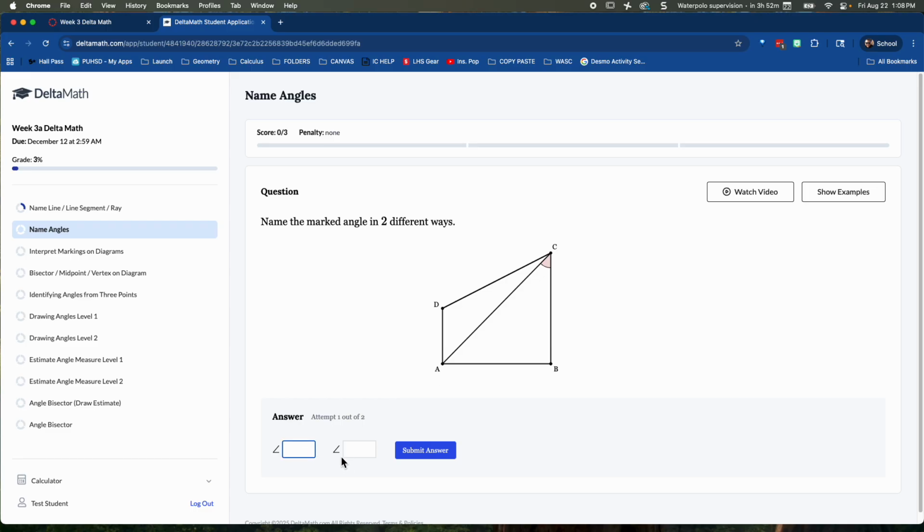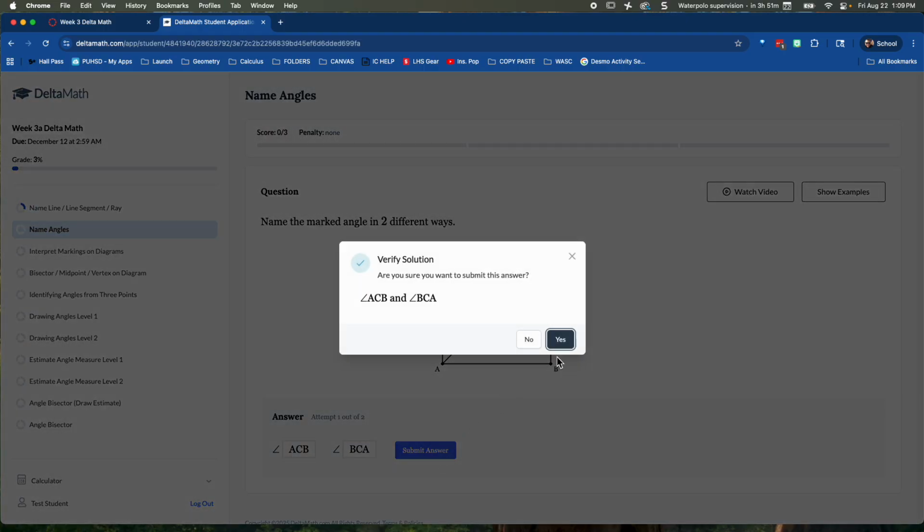To describe that, I have a C in the middle, and then it goes out to the points A and B. There's not really an order you have to use for the beginning and the end. The C does have to go in the middle, but I could have said B first and then A, and I would have gotten the same thing.